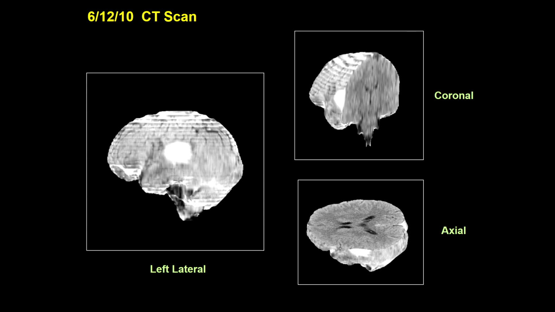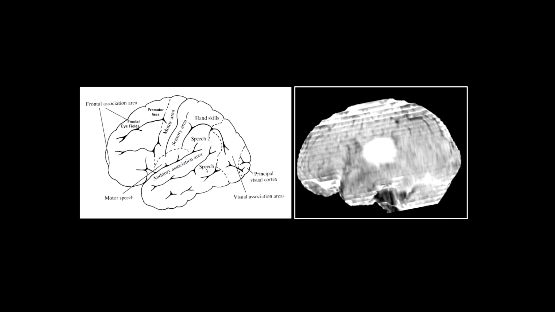Okay, and we did a 3D reconstruction and a surface rendering of the CAT scan to show precisely where that epidural hemorrhage was located. And in fact, as you can see from this functional map, the epidural hematoma was located in a motor speech area and also an auditory association area.